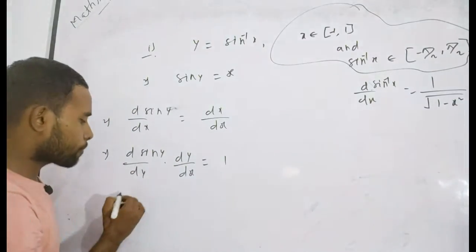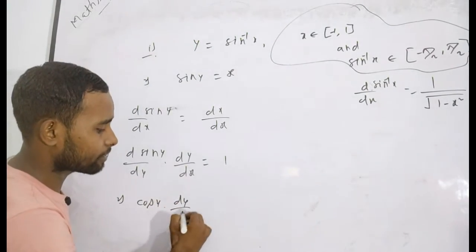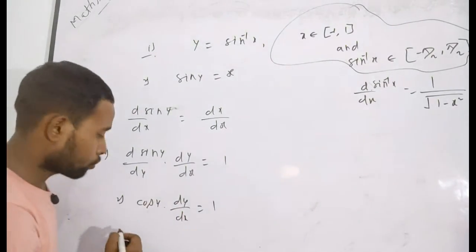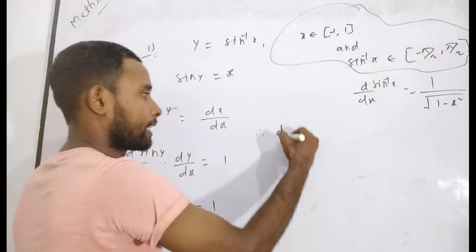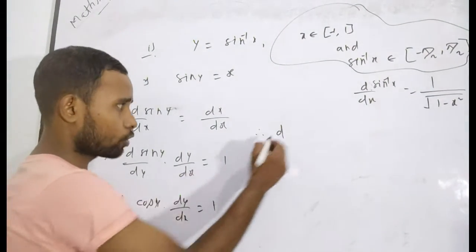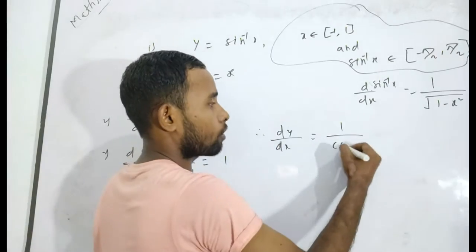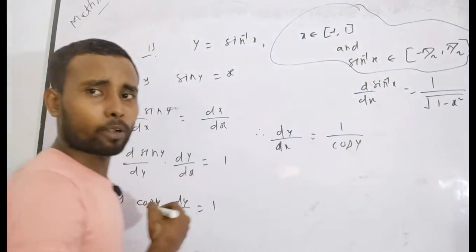Derivative of sin y with respect to y will be cos y, and the derivative of x with respect to x will be 1. So dy/dx will be 1 upon cos y.